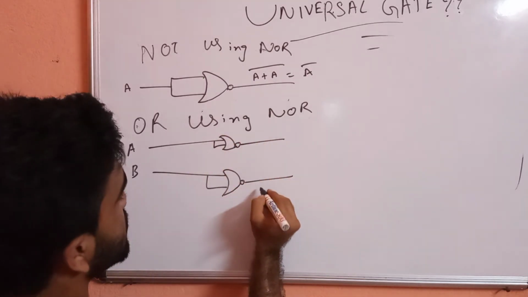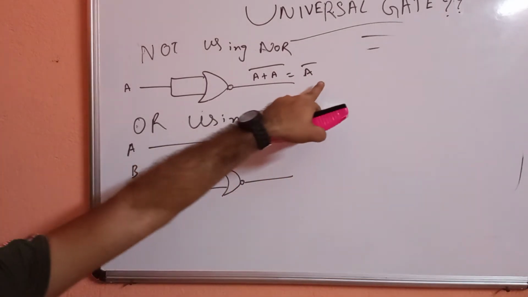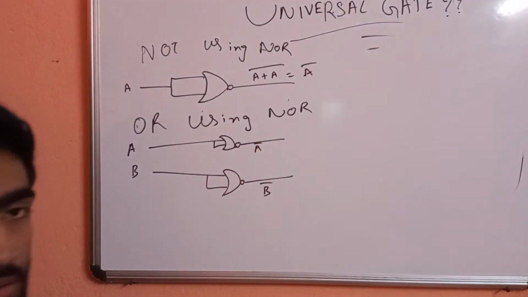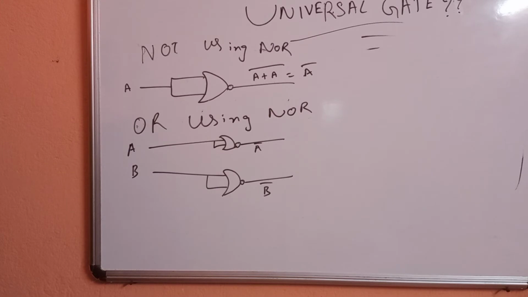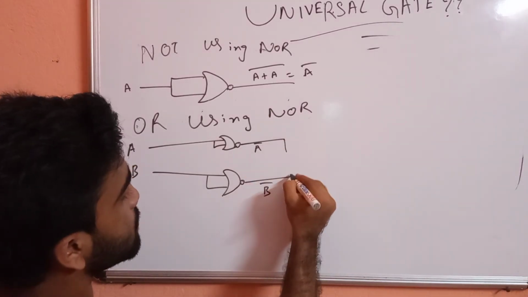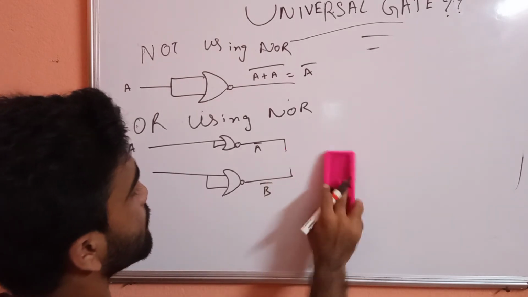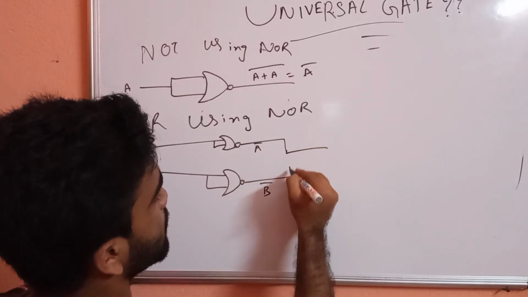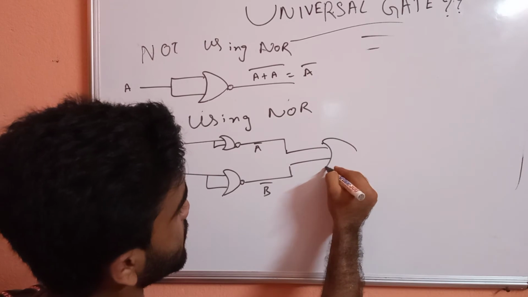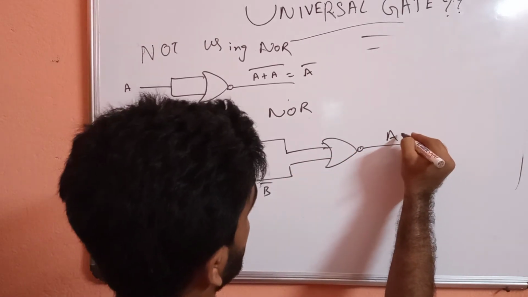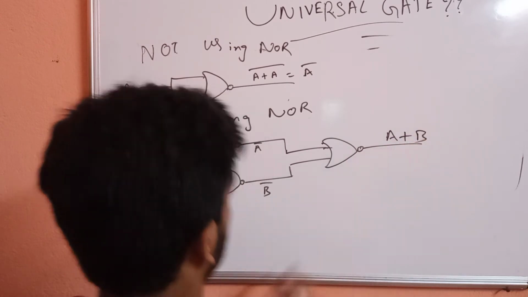Now what will we get? NOR gate means A bar. This is A bar and this is B bar. Am I right? A bar and B bar. Now doing the NOR of this will give us A plus B.